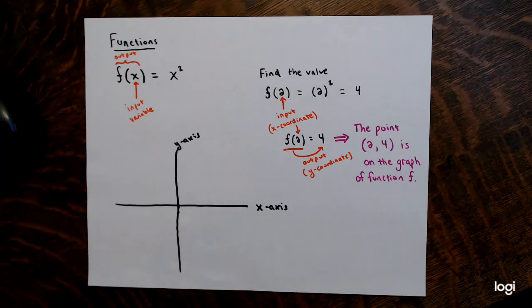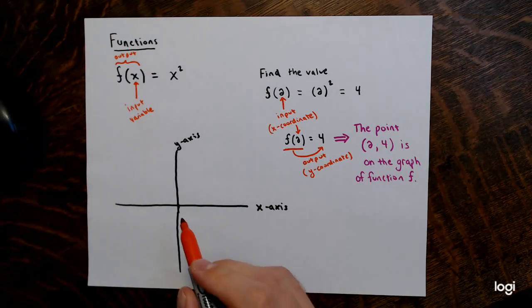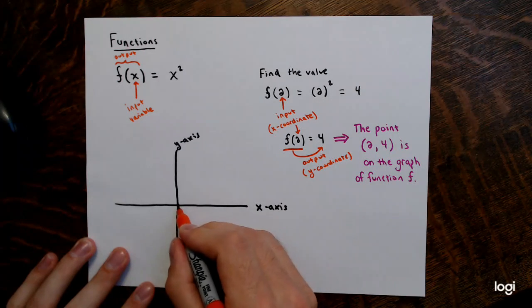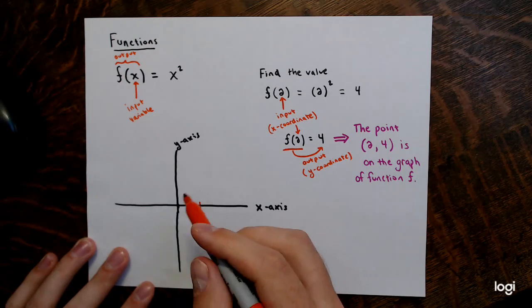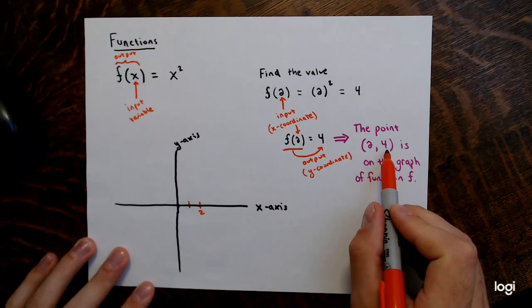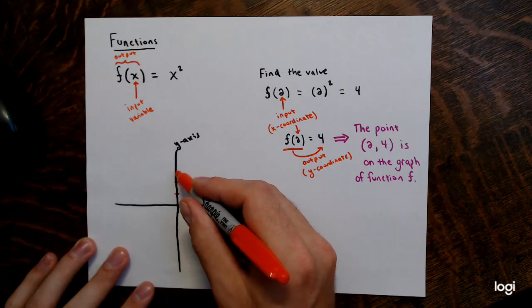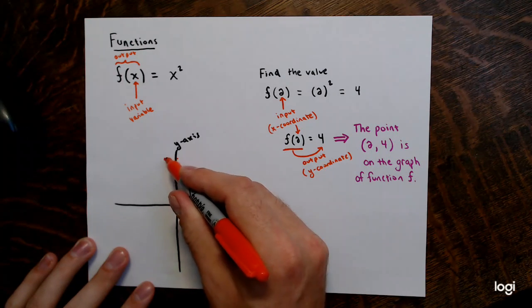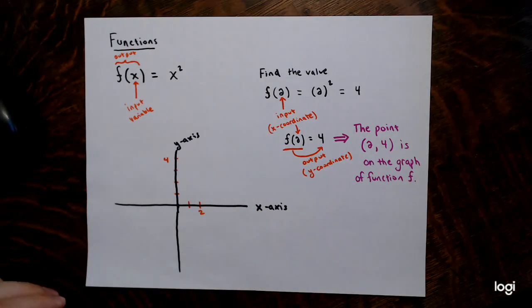Alright, so I will plot that. 2 is the x-coordinate, so I go to positive 2 on the x-axis, to the right 2 units from the middle. And then positive 4 for the y-coordinate, so from the middle again I go up 4. Okay, and we're plotting this point.